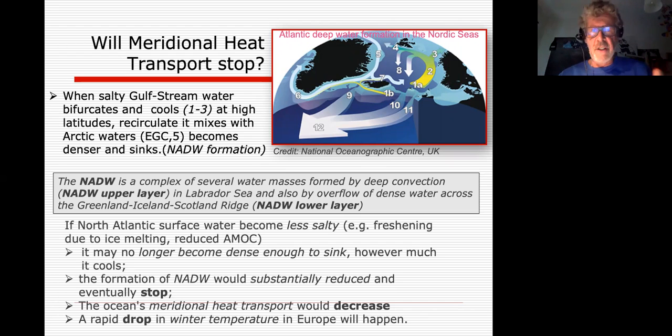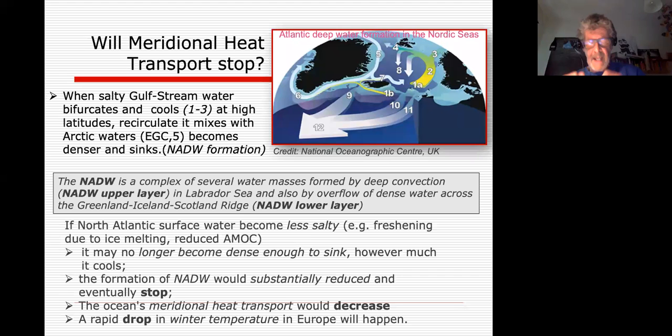And to summarize, the meridional heat transport could stop, but most probably would be reduced. This could have an important effect on European variability, and also on ventilation of the dense water of the Atlantic and the global ocean.